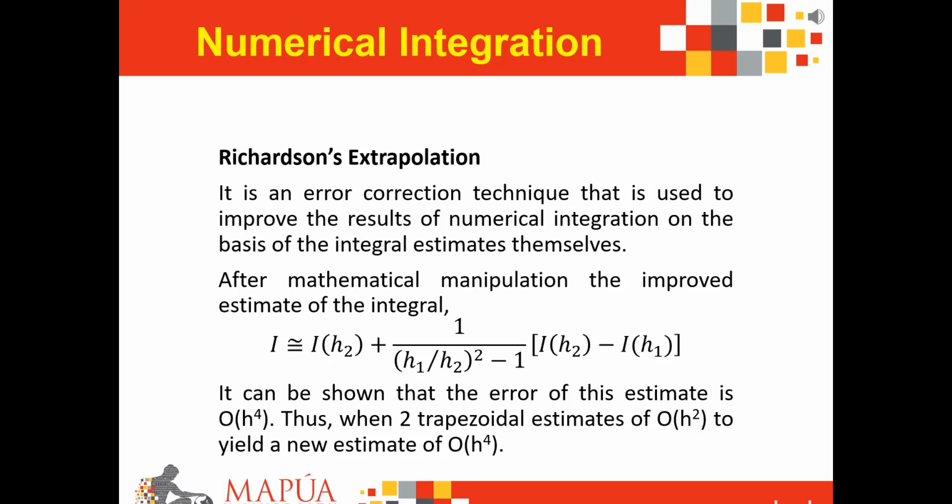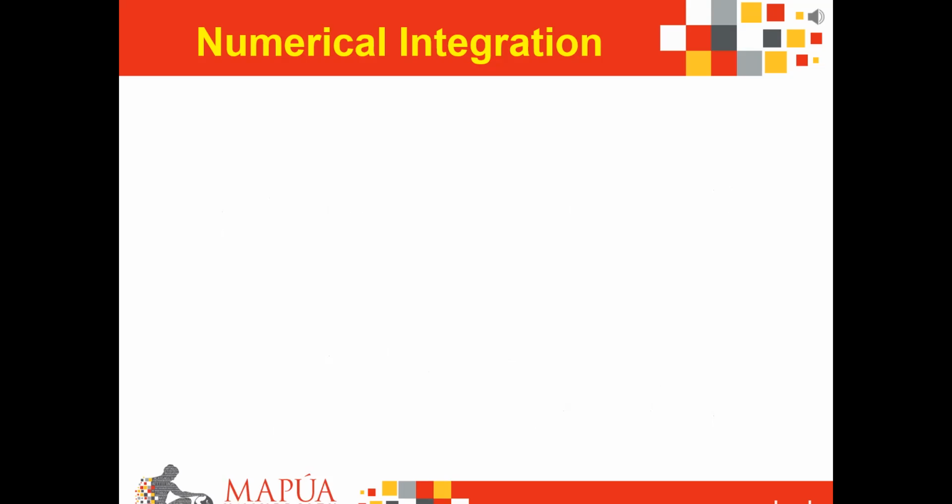So the whole concept involves, if you're using more integral estimates that were evaluated using different segments, using a single technique, then you could, based from the formula, improve the integral estimate better by manipulating your calculated integral estimates that contain errors and use this formula to improve that.